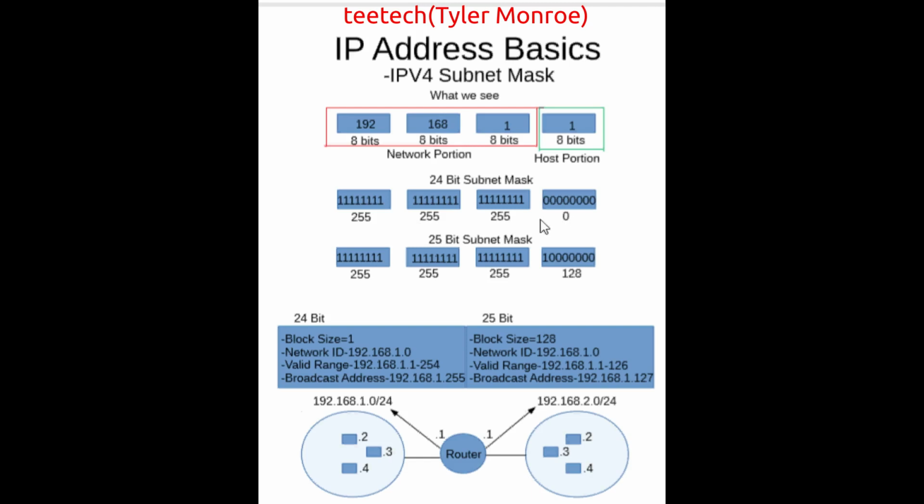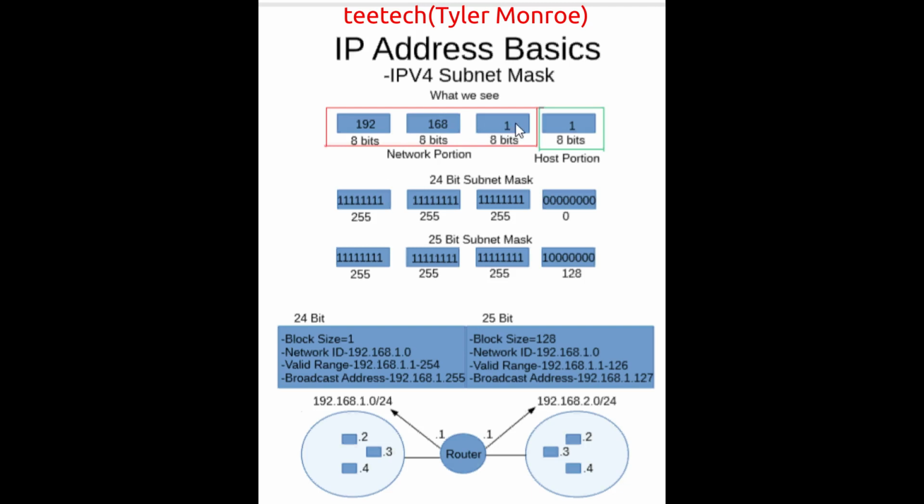255.255.255.0. And you have to have them all on from left to right; they can't be on and off in any other pattern. They all have to be on. Basically, this is 8, 16, and 24.